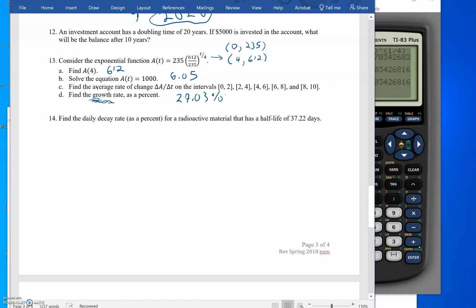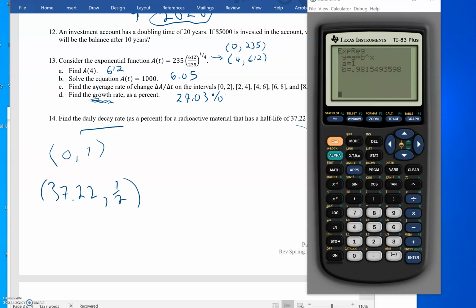Okay. One last question. Find the daily decay rate for a radioactive material that has a half-life of 37.22 days. I'm running a bit short of time in this last question, so I did a bunch of work off camera. But here's the idea. We are given a half-life, and so this is actually point data.